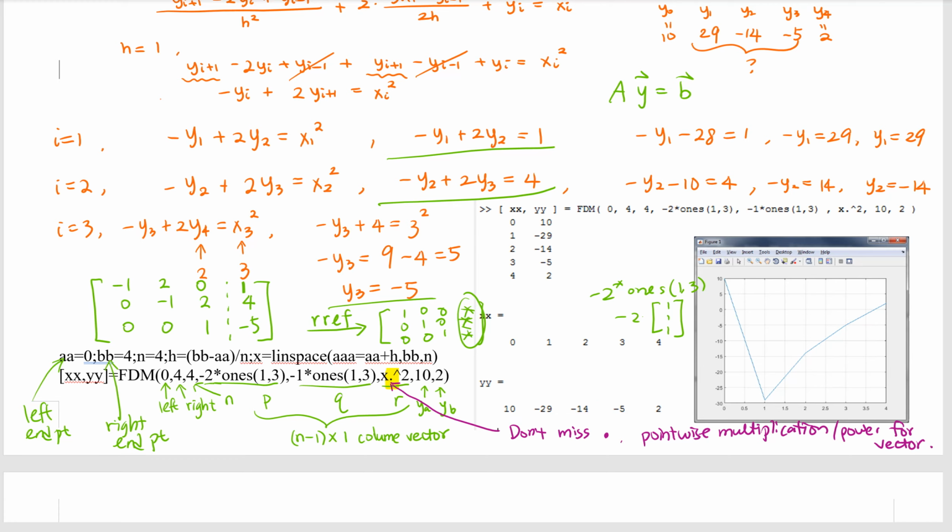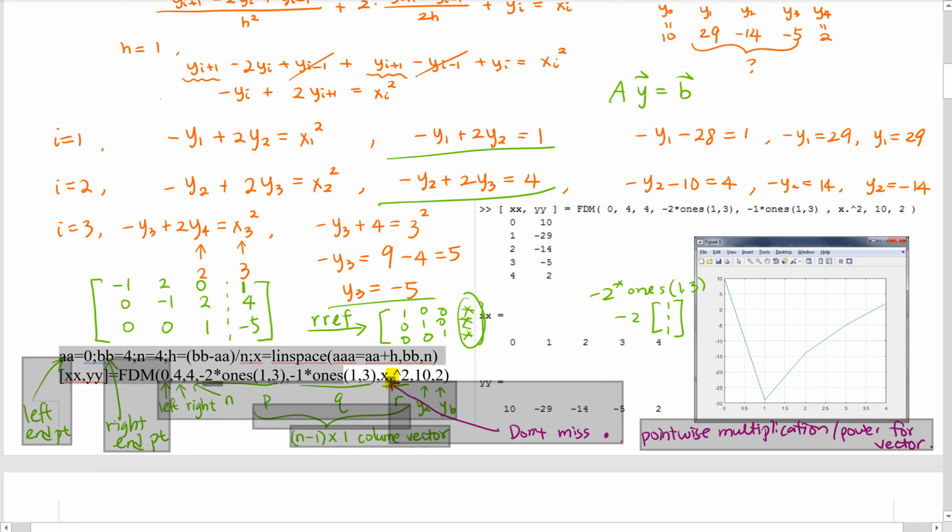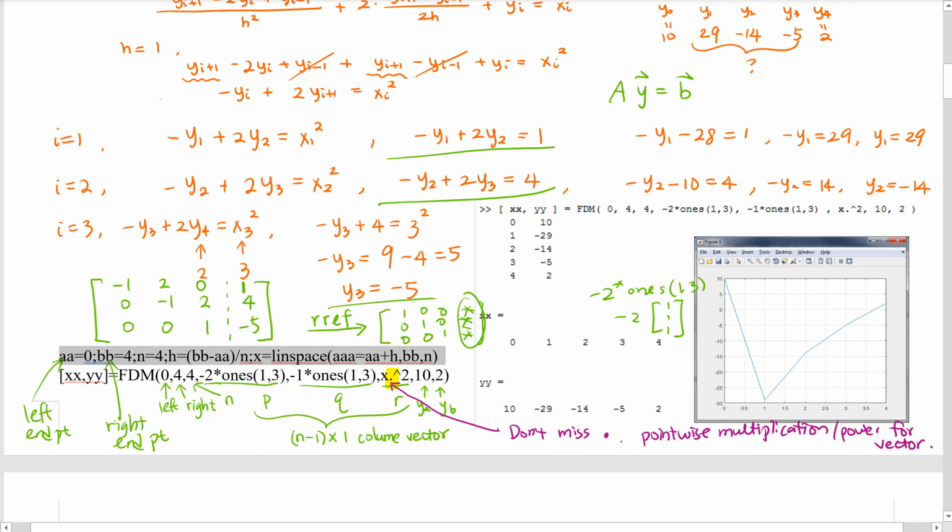Okay, and we can also plot it. This is the graph. So far, so good, everybody. I can also show you in Octave. Let me see. Can I just copy it here?